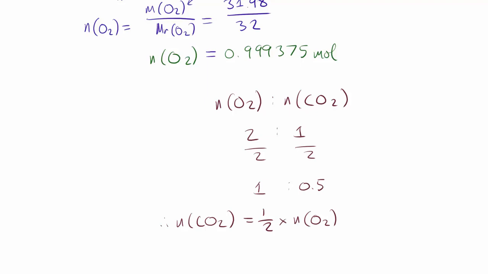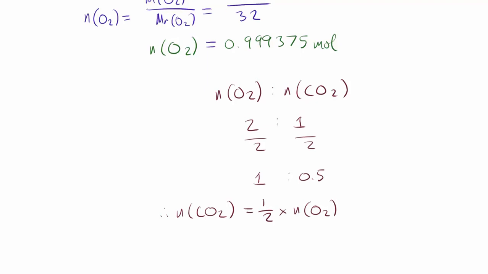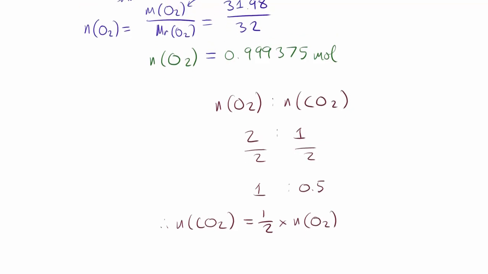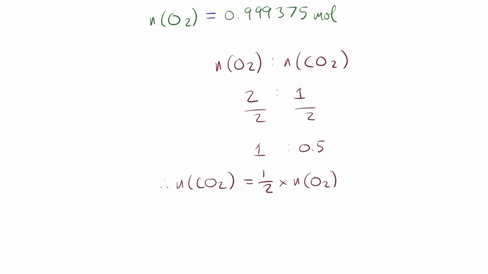And we've got the number of moles of oxygen, so we have that here. Therefore this is actually equal to half, or in other words 0.5, multiplied by 0.999375, okay?